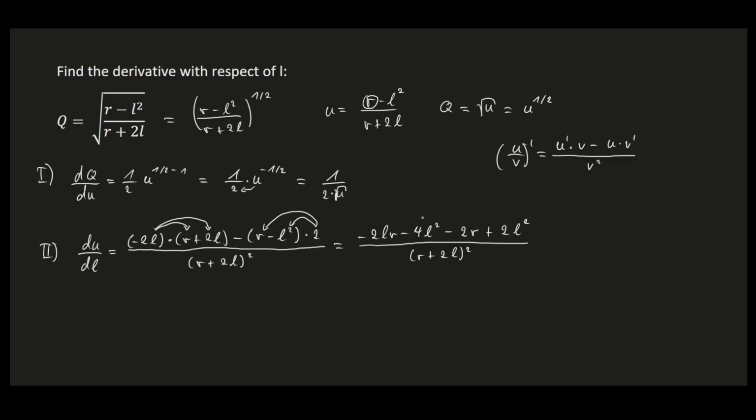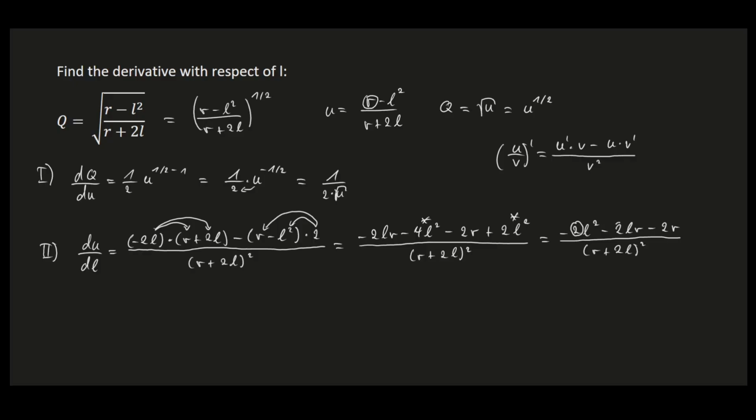We can see that here is something with l squared and here is something with l squared, so we can simplify this, and we get minus 2l squared minus 2lr minus 2r over r plus 2l squared.